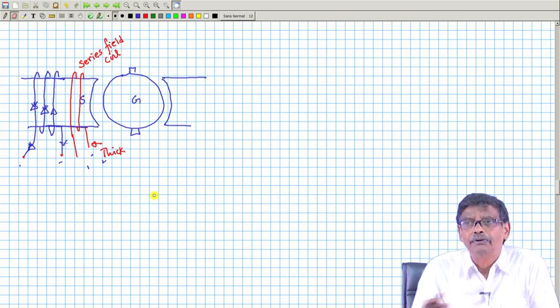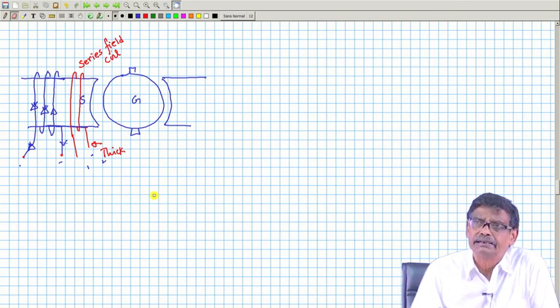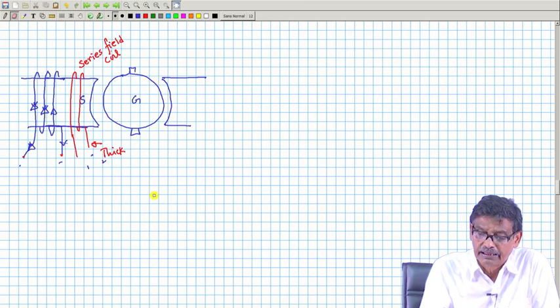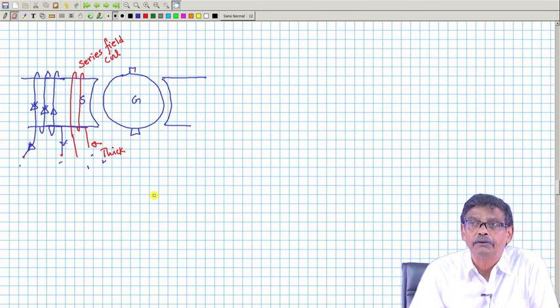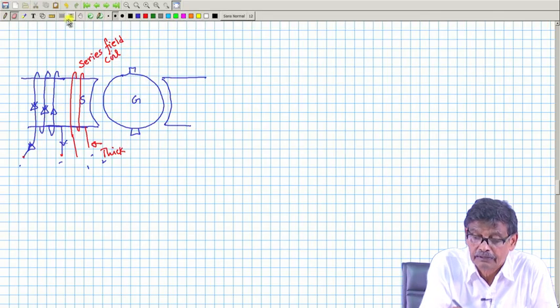That is why people talk about compound machines. A generator might have a shunt field winding as well as a series field winding, and it may be connected like this, for example.